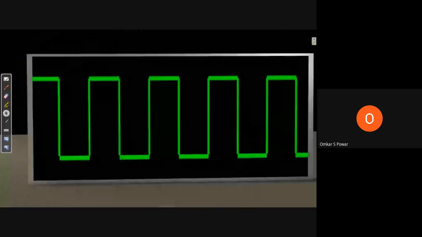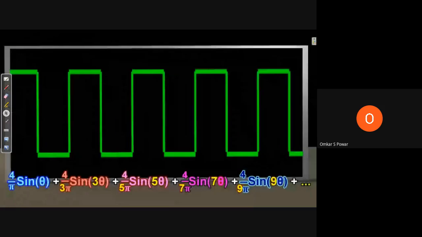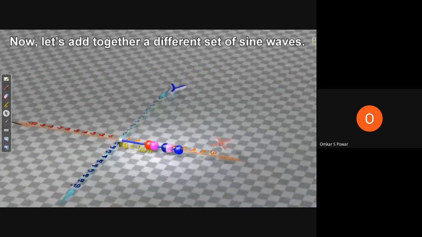So by adding an infinite number of sine waves, we'll get something called a square wave. So that's the beauty. You have visualized the things now. So we have got a square wave.